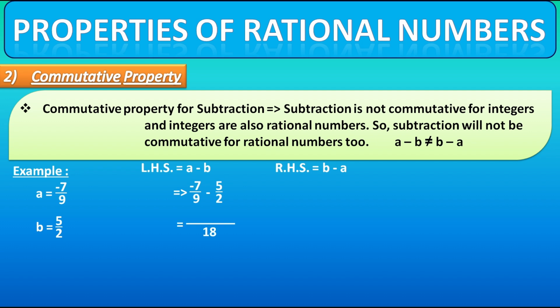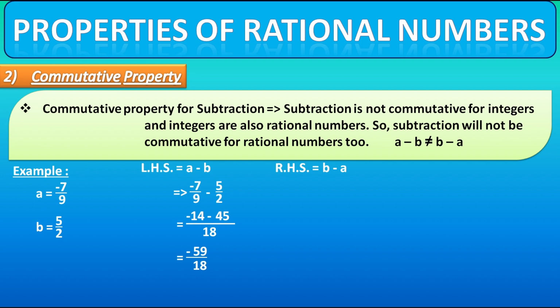Minus 7 multiplied by 2 gives us minus 14. In between we have a negative sign, and 9 5s are 45. Now both the numbers have the same sign, therefore minus 14 minus 45 will give you the answer minus 59 upon 18. So the LHS part is equal to minus 59 upon 18.